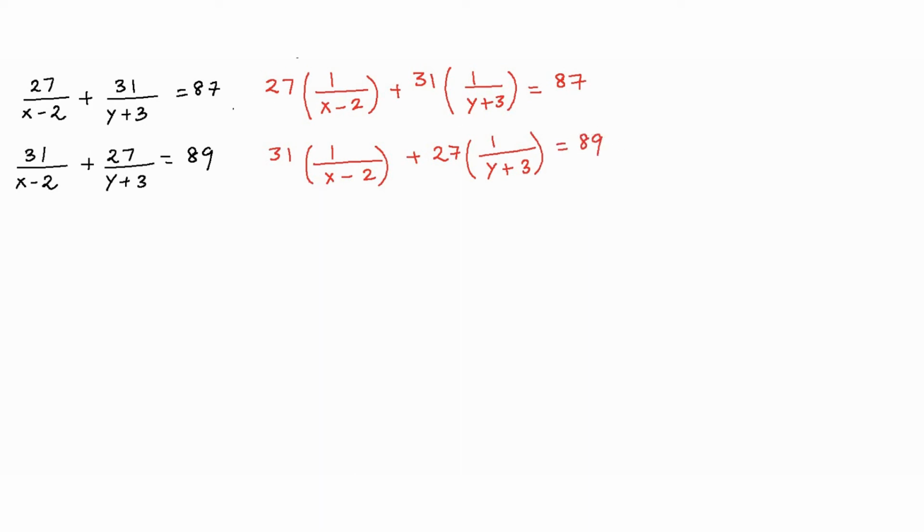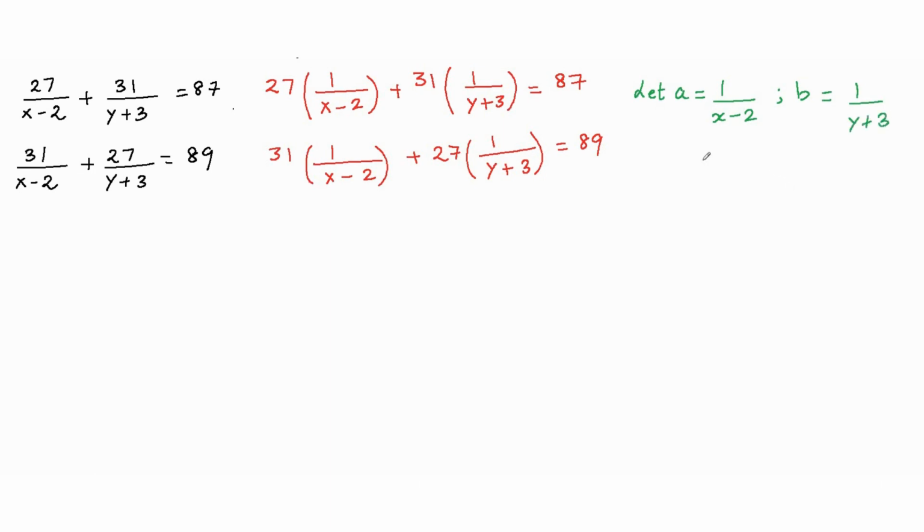Now I notice that 1 by x minus 2 is present in both the equations. So the substitution that I'm going to use is, let a be equal to 1 by x minus 2 and let b be equal to 1 by y plus 3.